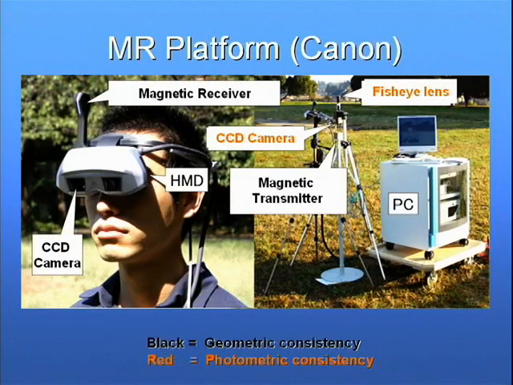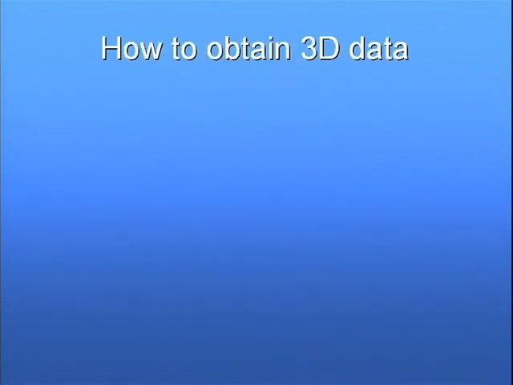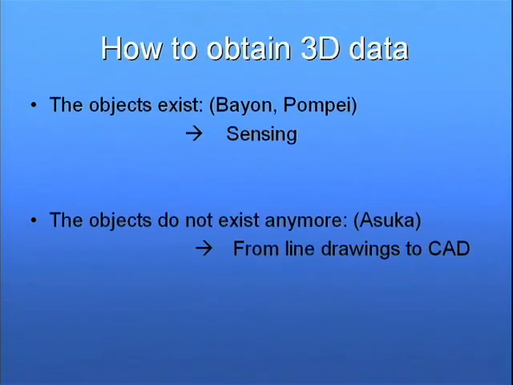Now, this is the hardware which we implemented. Another issue is, in the Bayon temple case, we can use 3D data of the Bayon, but this particular case doesn't exist anymore. So unfortunately, we have to rely on standard line drawings and build CAD data.